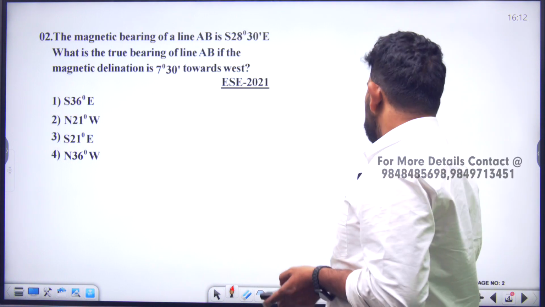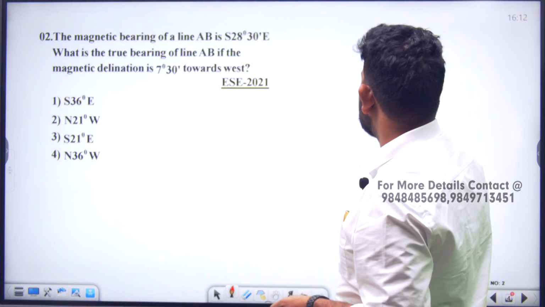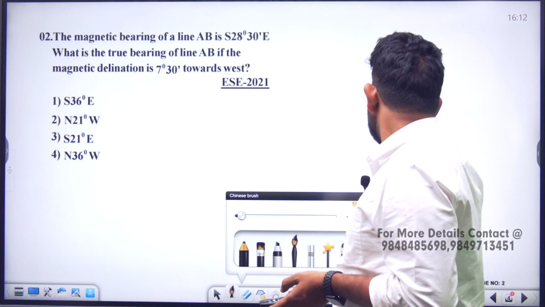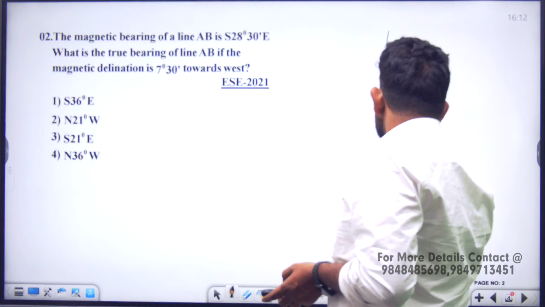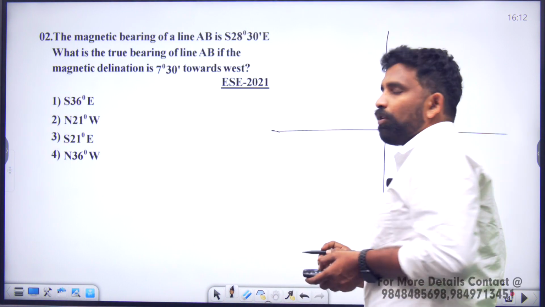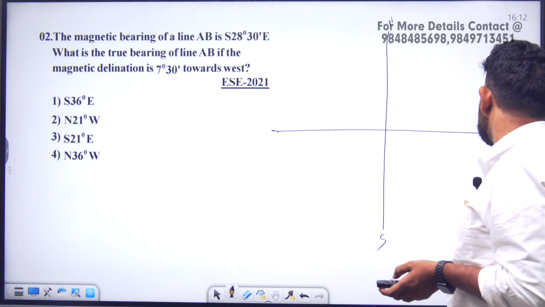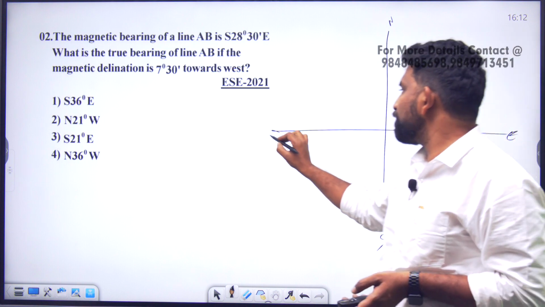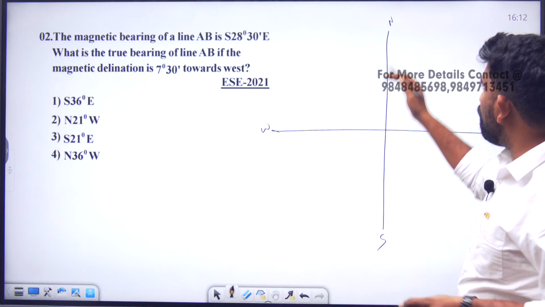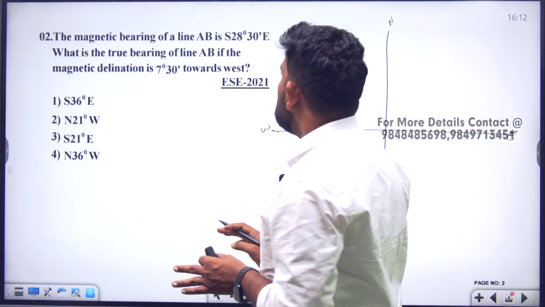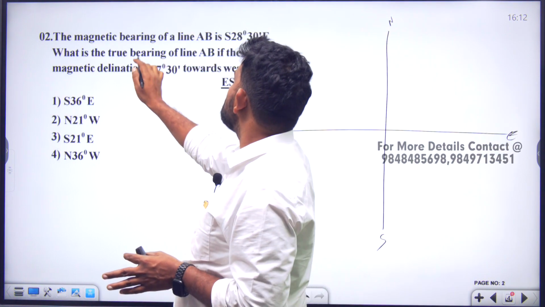Now if you observe this question, the magnetic bearing was given and the true bearing of the line was asked for a given magnetic declination of 7 degrees 30 minutes towards the west. Again, there is no need to use any formulas to find the answer. Very simple. First we need to draw the coordinate system, the directions: this is your north direction, this is your south, this is your east, and this is your west. All the given directions are the true directions, the geographical directions. But the given bearing is the magnetic bearing.